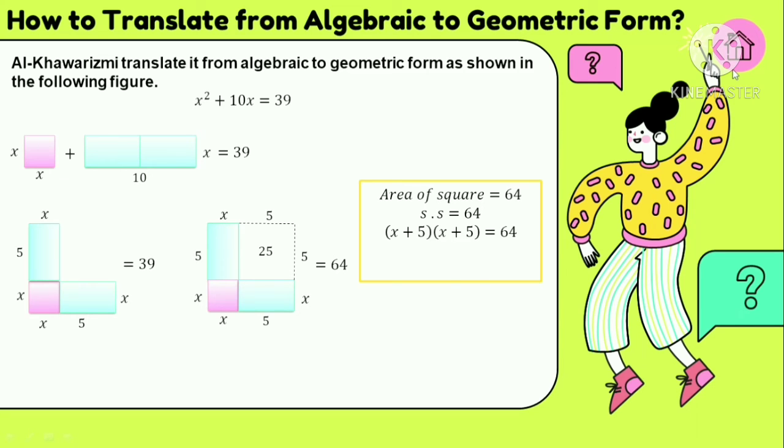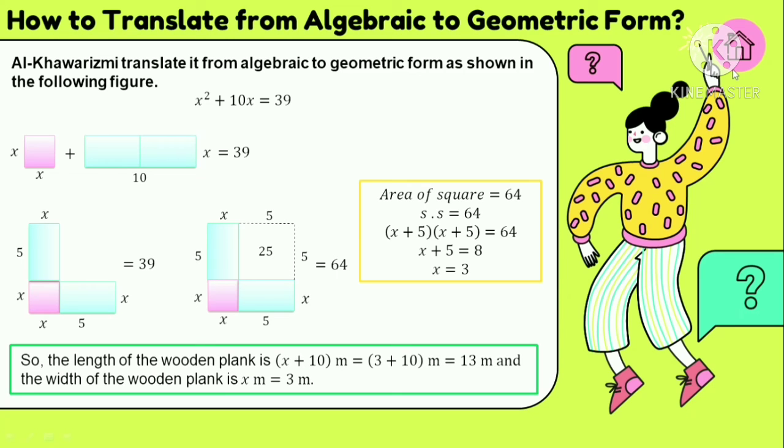So we get x plus 5 is equal to 8, and we obtain x is equal to 3, because 8 subtracted by 5 is 3. So, the length of the wooden plank is x plus 10 meters, which is 3 plus 10 meters, equal to 13 meters, and the width of the wooden plank is x meters, which is equal to 3 meters.